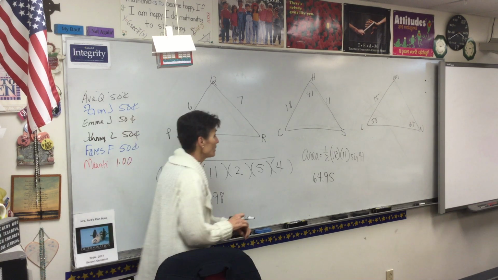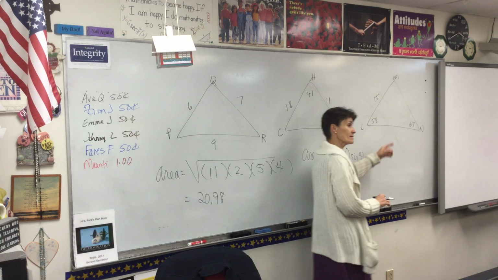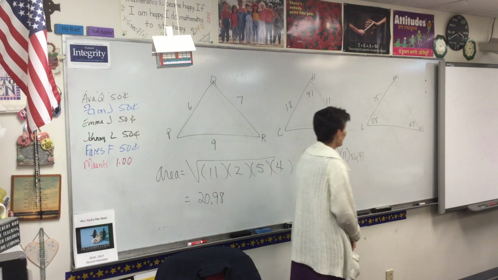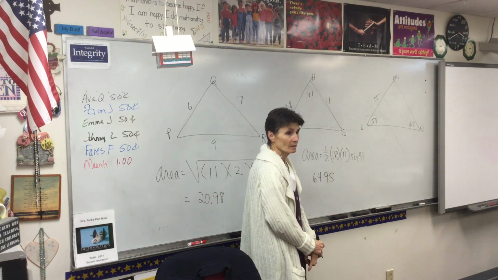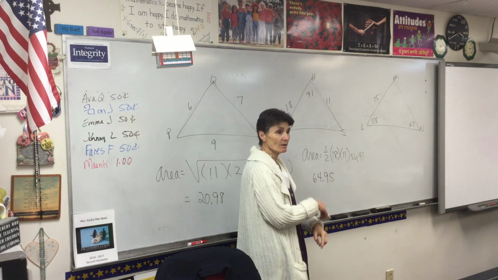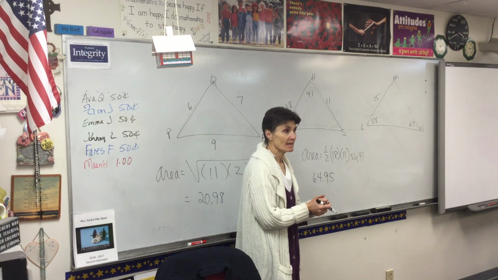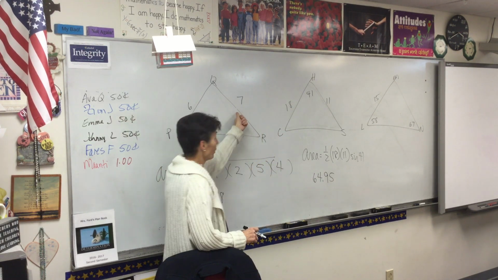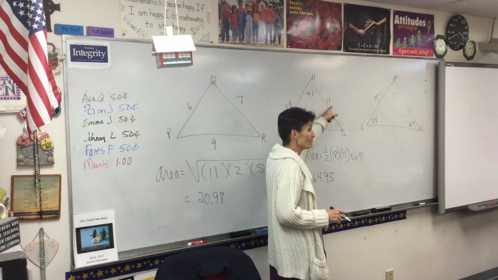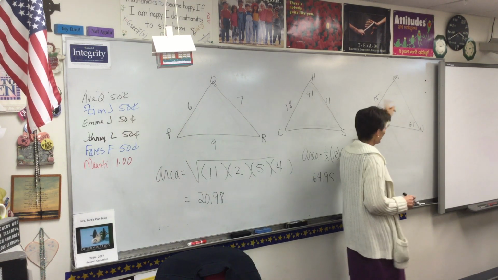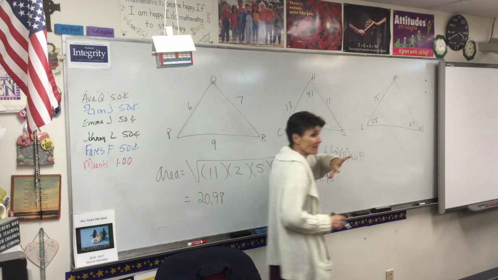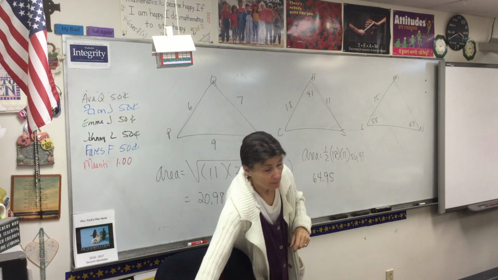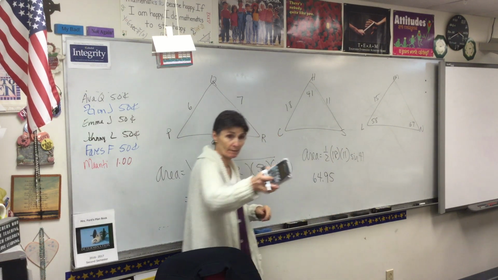Okay, now, your test is gonna have one like this. What's wrong with that? It doesn't have another side. We don't have enough sides to find the area, right? Because we either need all 3 sides or we need 2 of them. So if we only have 1 side, we are going to have to find another one before we can find the area.